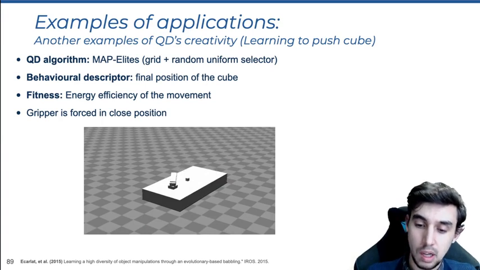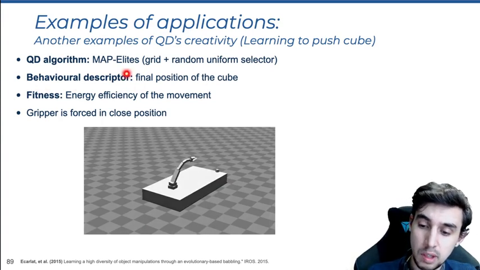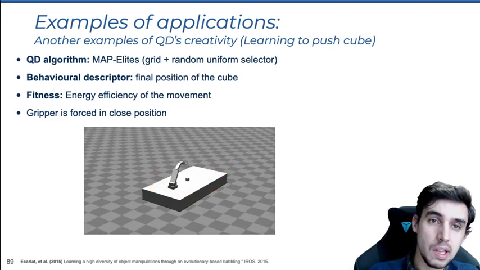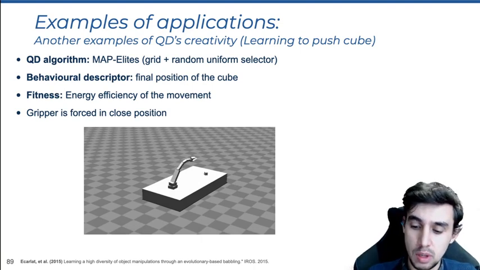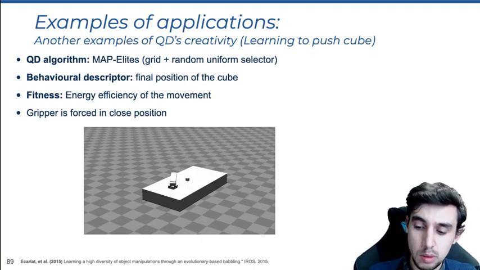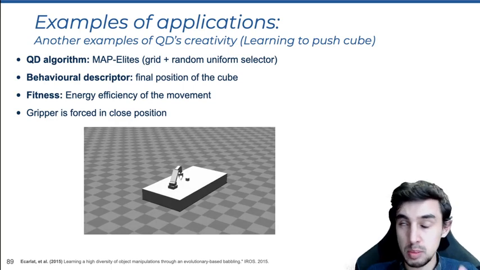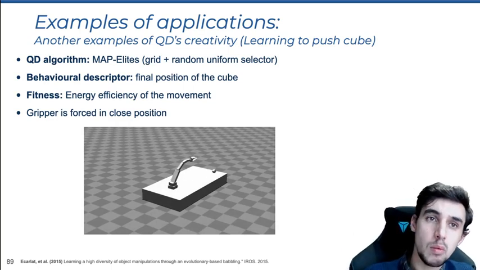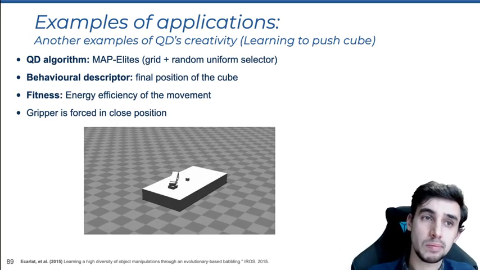And the behavioral descriptor that we used was the final position of the cube, because that was the diversity that we were looking for. And the fitness was the energy efficiency of the robot. So we wanted to be able to push the cube in different locations while minimizing the energy consumption.